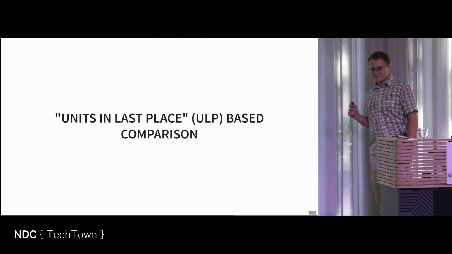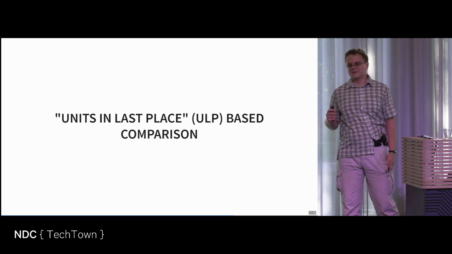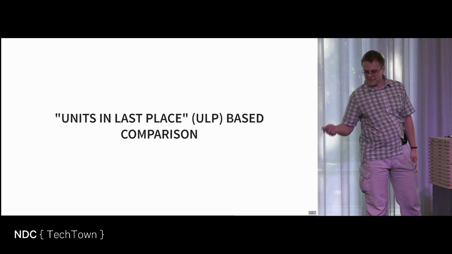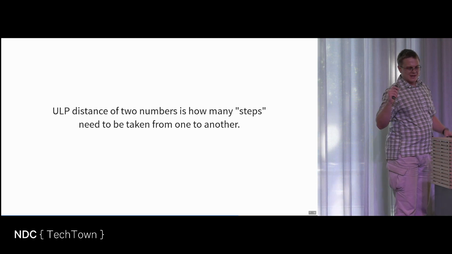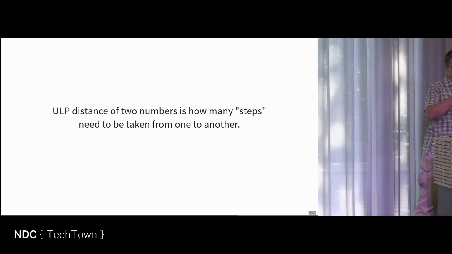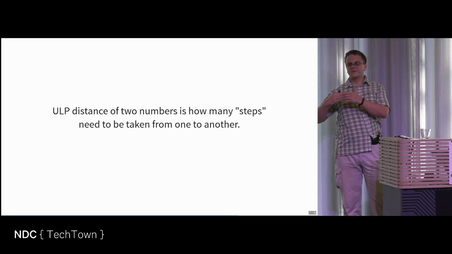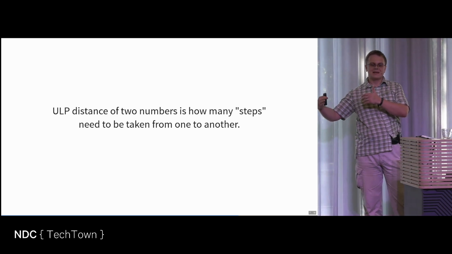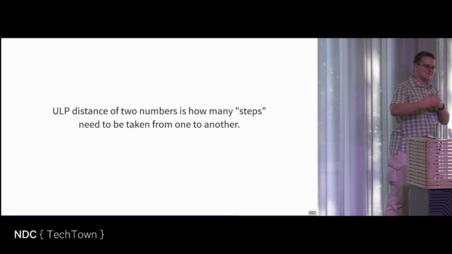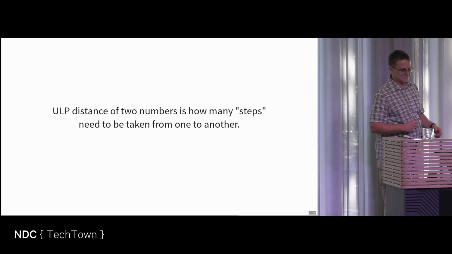So let's talk about ULP comparisons, or units in the last place. Basically, there is the idea of ULP distance, and it says how far from each other two numbers are in the float representation, how many steps we have to make to get from one to another.